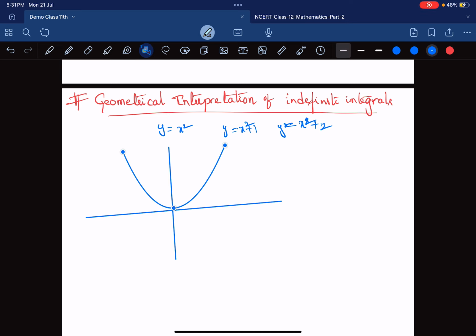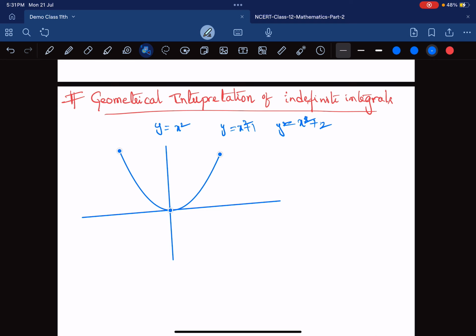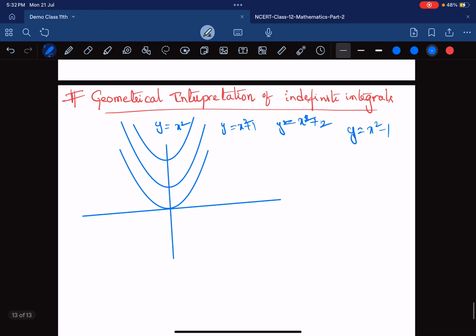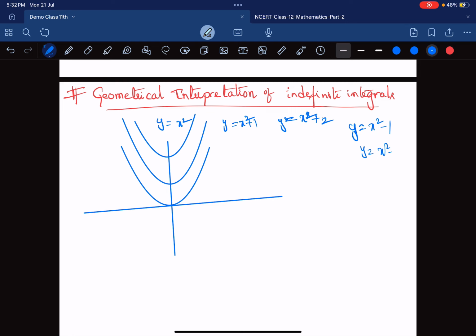This is y is equal to x square, and y is equal to x square plus 1 graph will be like this, and y is equal to x square plus 2 graph will be like this, and y is equal to x square minus 1 graph also, or y is equal to x square minus 2 graph.